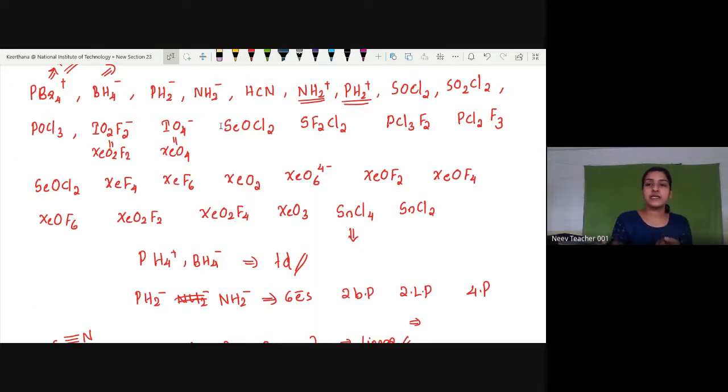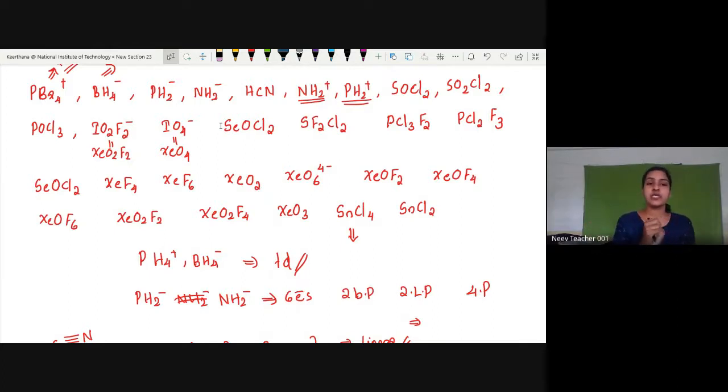So 2 plus 2 plus 2, a total of 6 electrons used for the formation of bonds itself. So no lone pair. So it's 4, 0, 4. The shape and geometry are the same, which is tetrahedral.